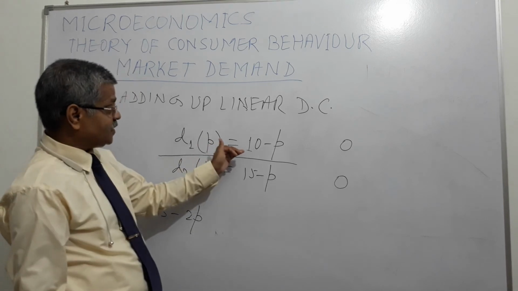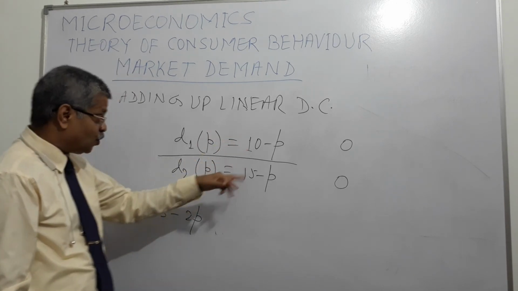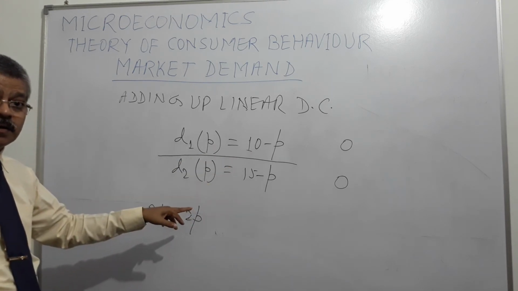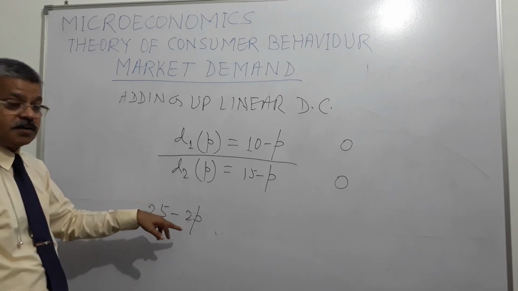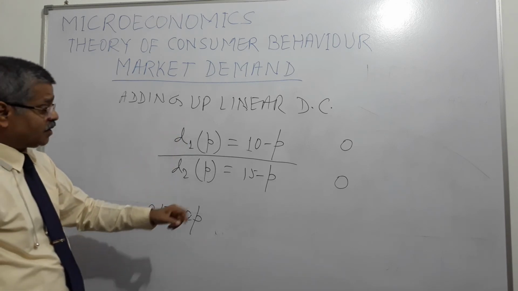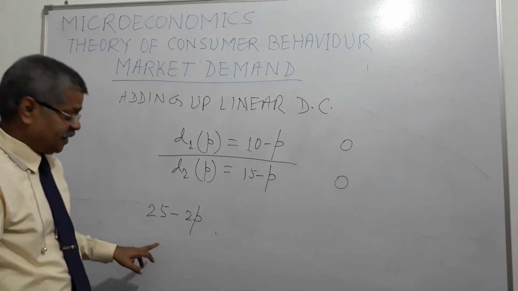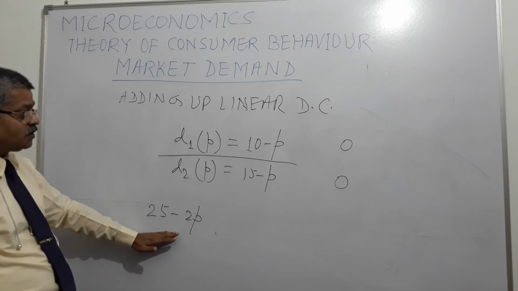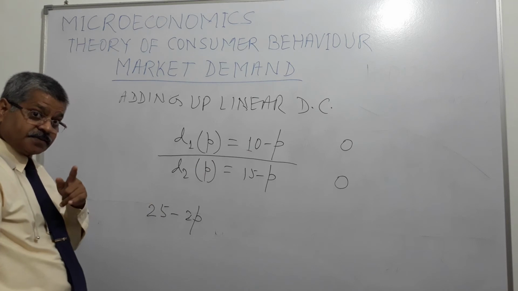So if the price is 10 or less, both their demands can be met, and the market demand will come to 10 plus 15, that is 25 minus 2p. This is for a price equal to or less than 10.